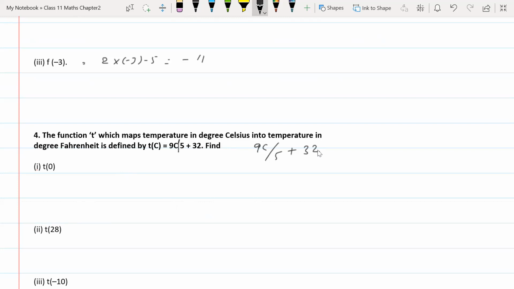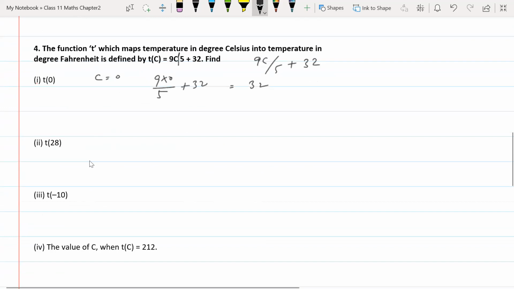C is for the centigrade. You have to find the values if t is 0. T(C) means C is 0. 9 into 0 divided by 5 plus 32, which is 0 plus 32, so 32.